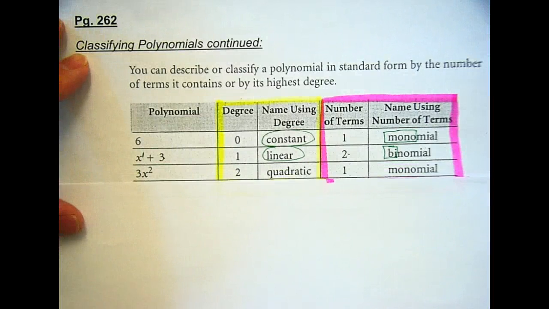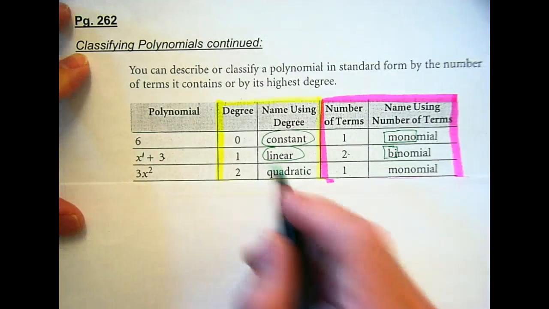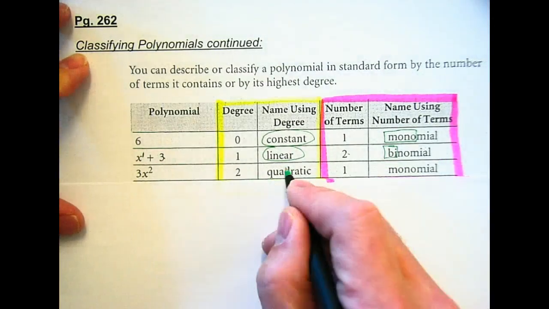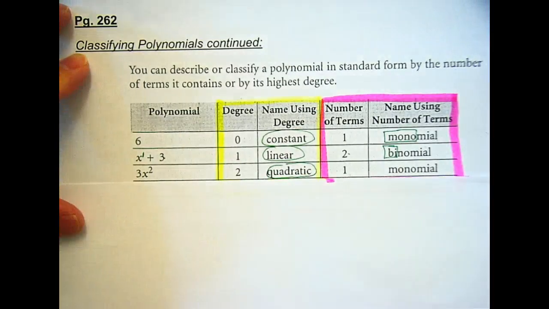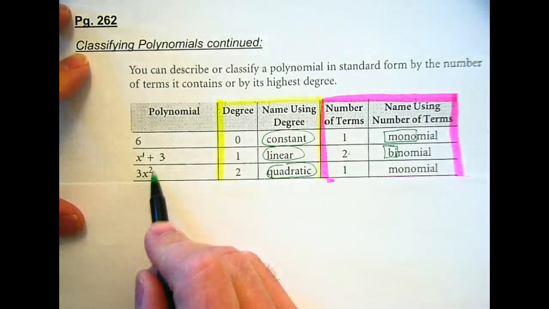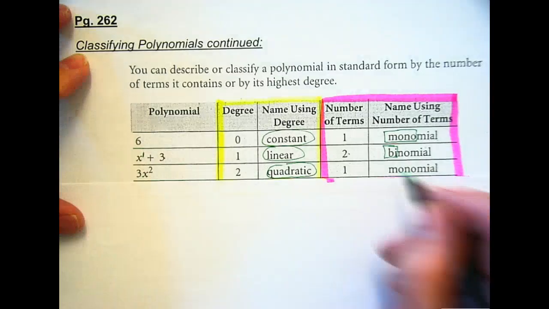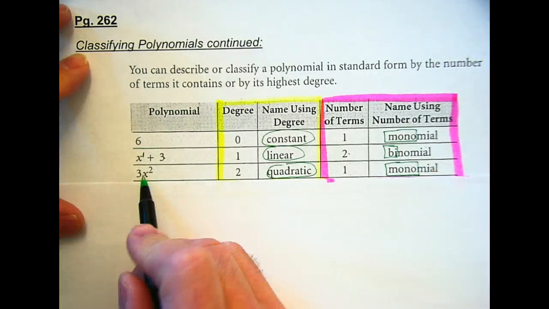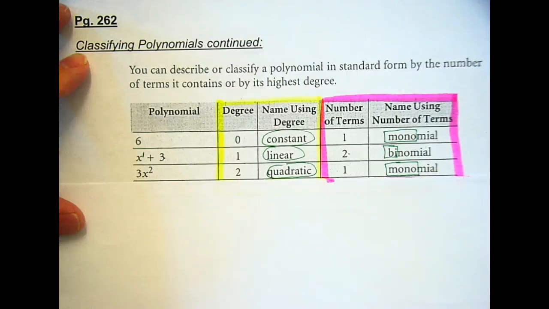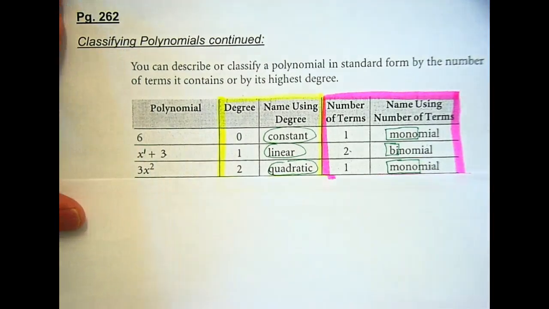In the polynomial 3x squared, where its highest degree is 2, that is called a quadratic. We're pretty familiar with those. 3x squared is only one term, so we call that, once again, a monomial. Notice the x squared and the 3 are attached with multiplication, so that means it's only one term. If there's an addition sign in between, then there would be more terms.